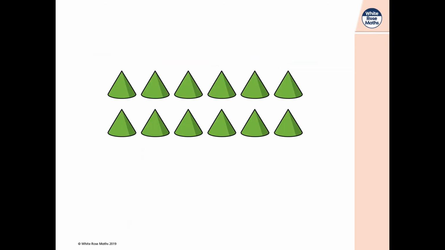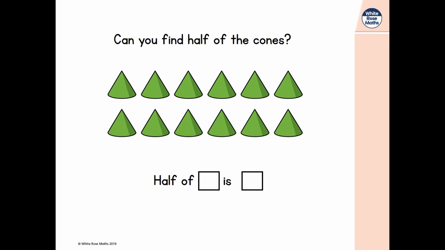Here are some rows and columns of cones. Can you find half of the cones? Well, first I think we should count up how many cones do we have. We're trying to find half of all the cones. How many cones are there? 12. And how can we show half of 12?